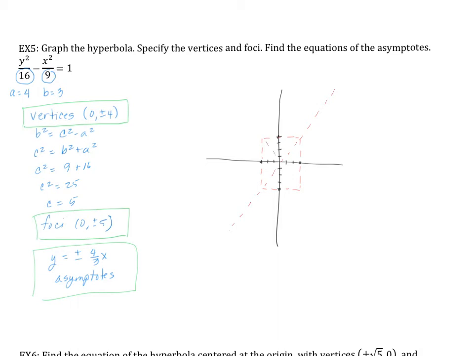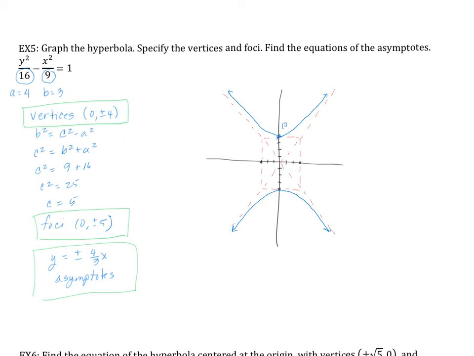So again, the asymptotes are just guides. And now I can go ahead and draw my hyperbola. I just draw my vertices along the y-axis and follow my asymptotes. So let me just label these parts. The vertices are the most important part.